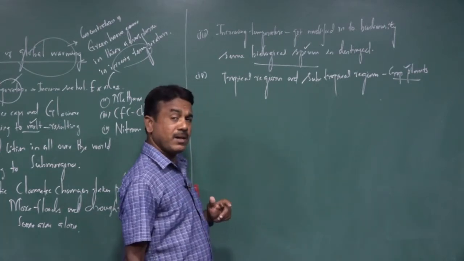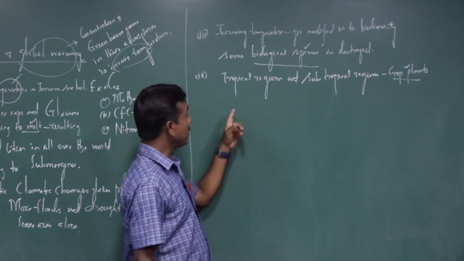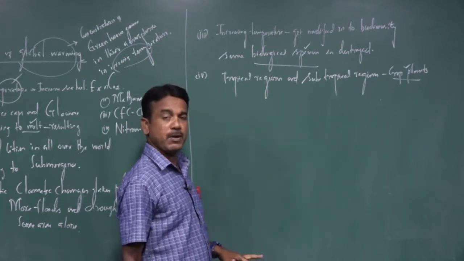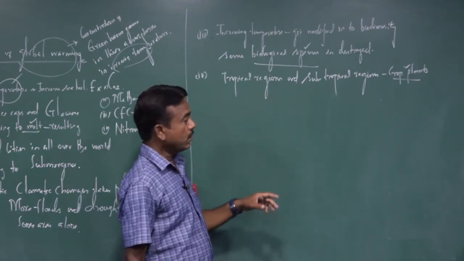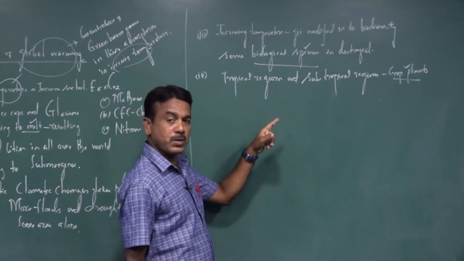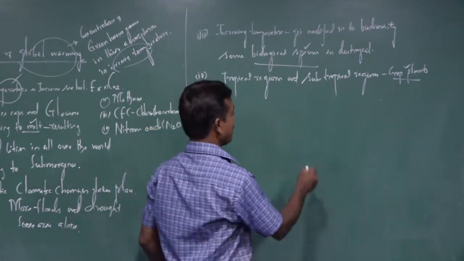If the temperature level increases in tropical as well as subtropical regions, crop plant production is going to decrease.